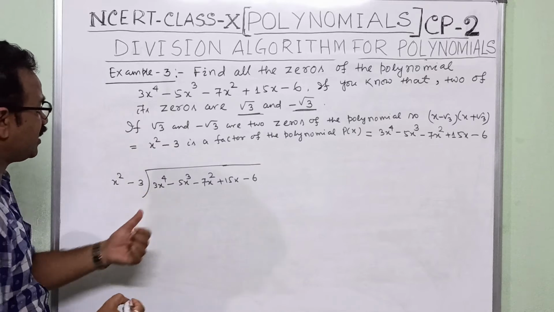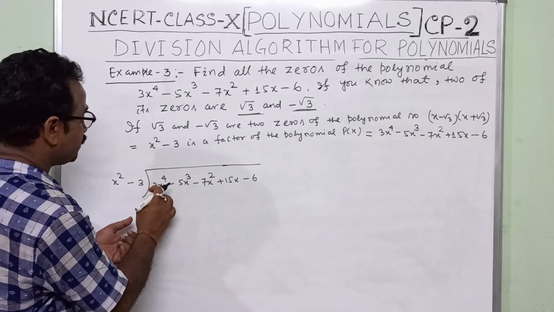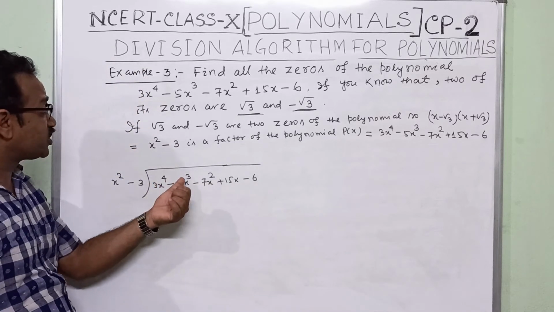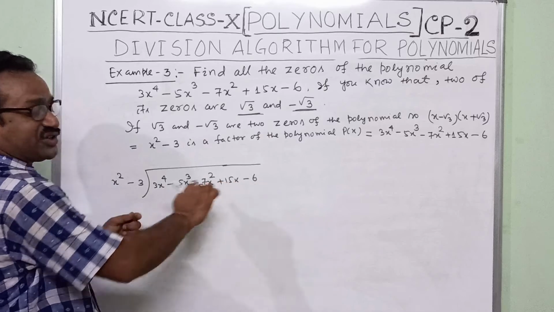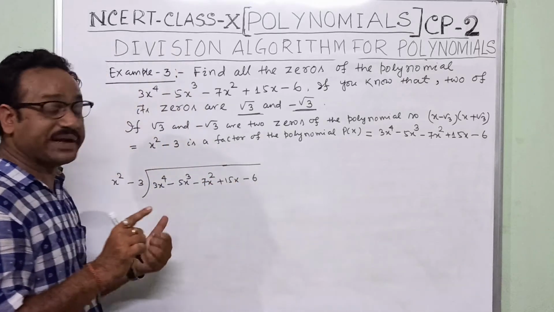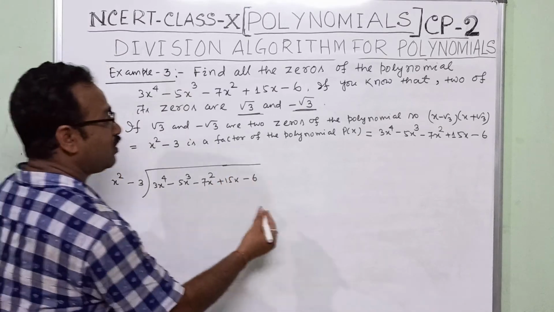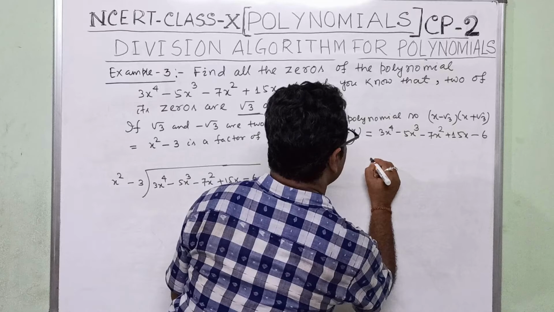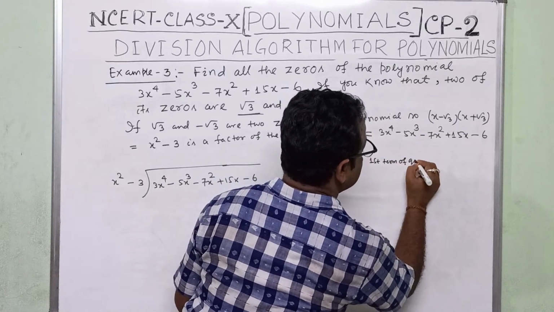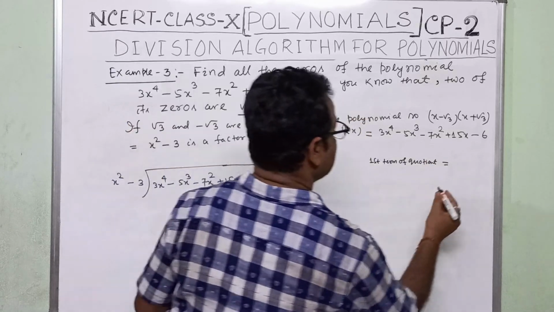Here the coefficients are 3, minus 5, minus 7, 15, minus 6 and the degrees 4, 3, 2, and it is arranged according to the descending power of the variable. Here also x square minus 3. Now we will get the first term of the quotient.